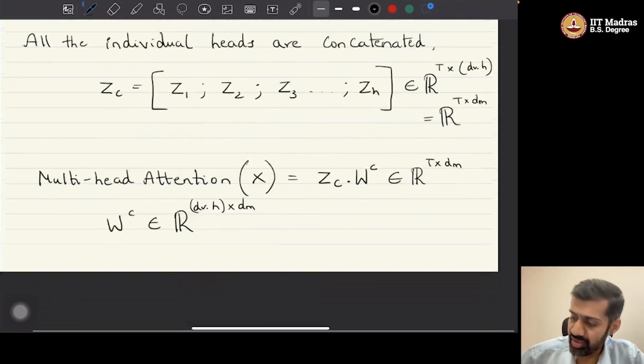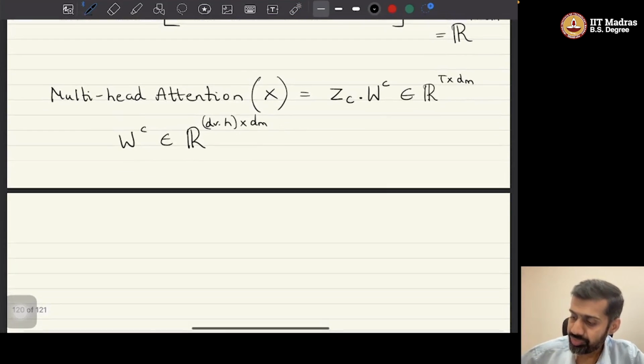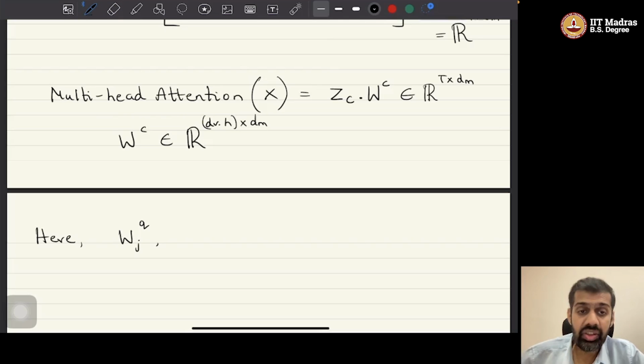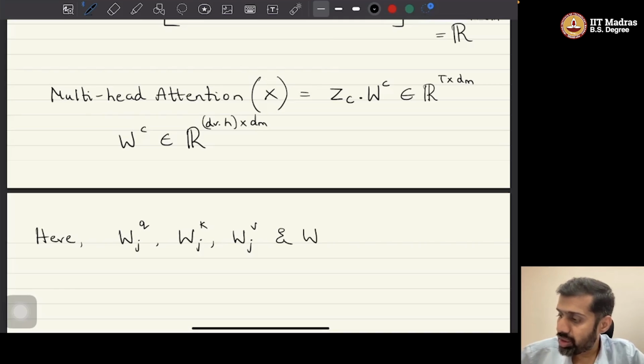So now here, all the QJ, or rather let's call them WJQs, which are the query matrices for each of the heads, and we have WJK, WJV, and the final matrix that would combine all of these.